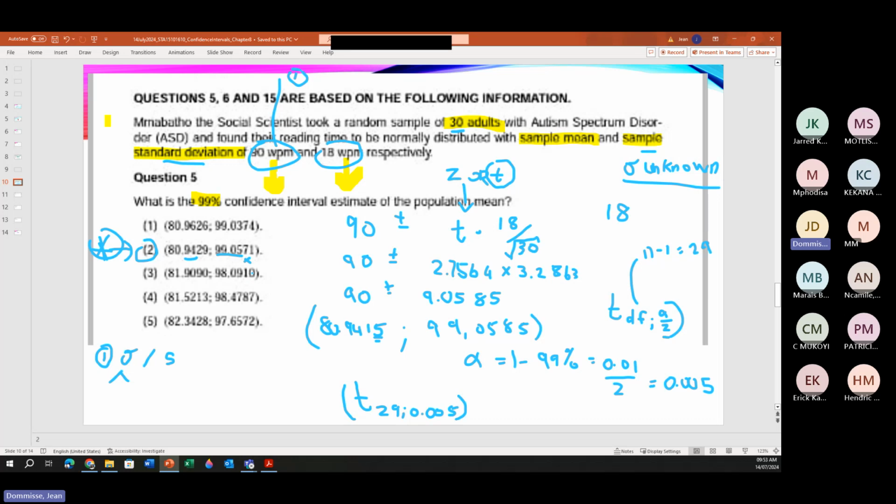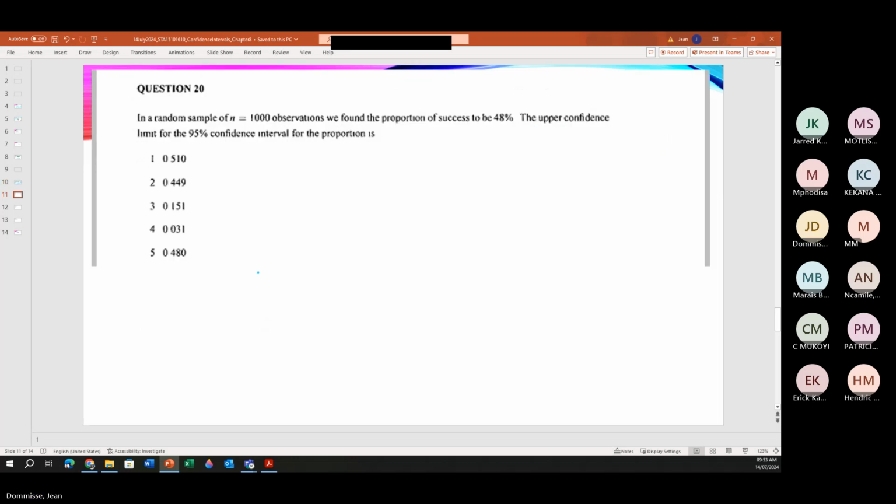Okay, so let's look at the next one. They might also just ask you to work out a lower confidence level or an upper confidence level.